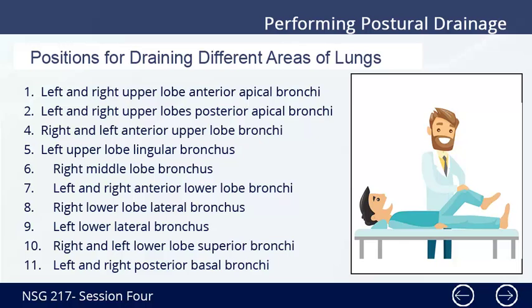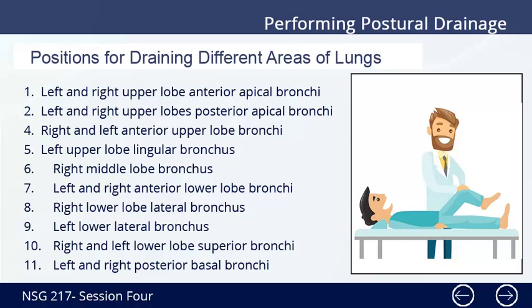Number 8, left lower lateral bronchus. You will have patient lie on the right side in Trendelenburg position with foot of bed raised to 45 to 50 cm. Percuss and vibrate left side of the chest below scapular posterior to mid axillary line.